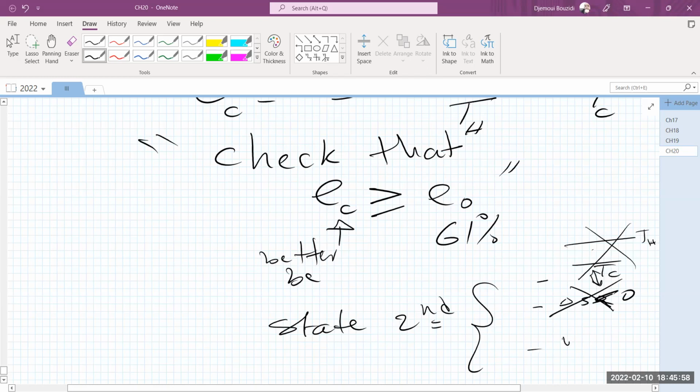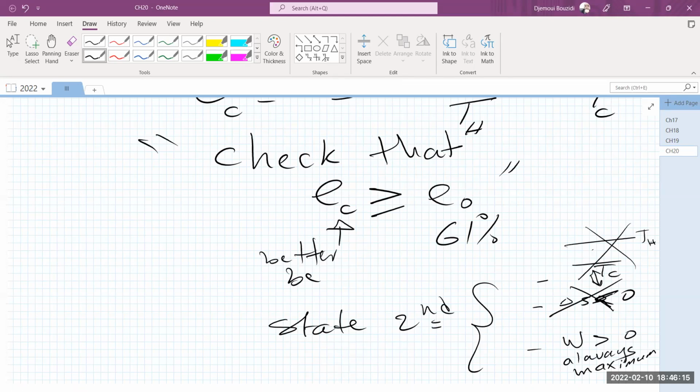And then we found now that W is always increasing, always maximum. That's all of it, the same thing. It's the same law. Second law, you formulate in terms of probability, or in terms of entropy, or in terms of the first formulation using the fact that heat cannot continuously go from the cold source to hot source.